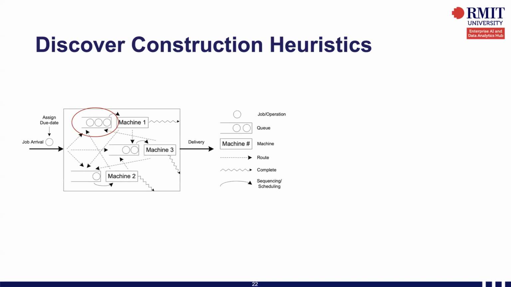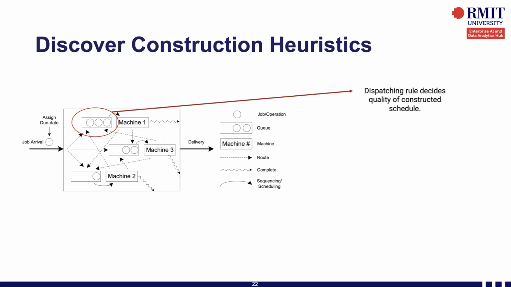But in here, I mainly focus on the dispatching rules, or at a high level, you can also call them construction heuristics. So I'm going to focus on the queue in front of the machine. At any point in time, if you look at the factory setting, in each machine there's going to be a queue of jobs that are ready to be processed on the machine, but the decision that you need to make now is which one you need to process next.